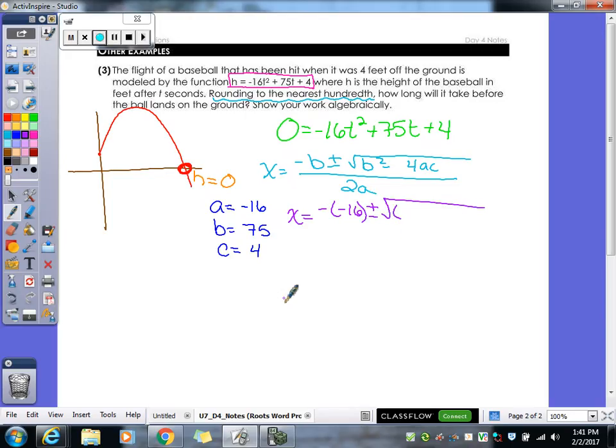Really, you guys are going to let me leave the 16 there? What's my B value? What should be in that first one? 75. And then 75 squared minus 4 times negative 16 times 4. All over 2 times negative 16.